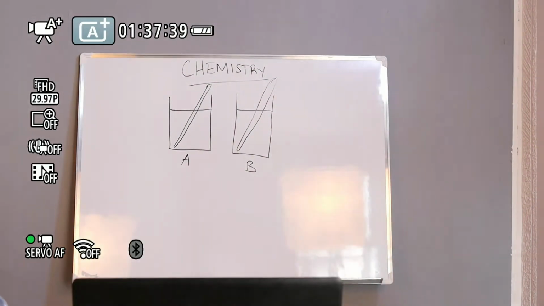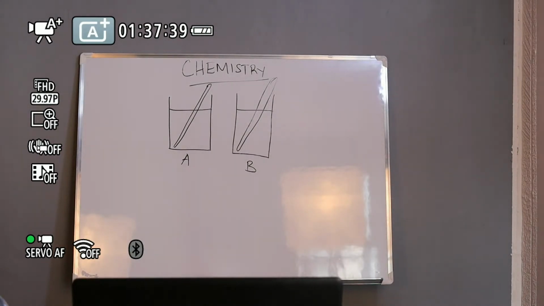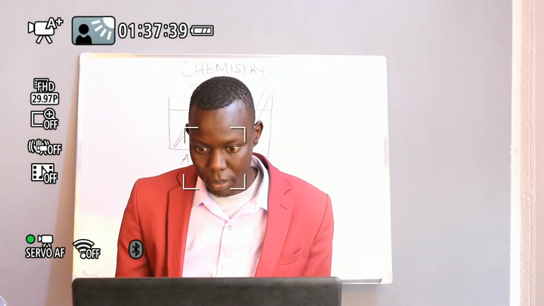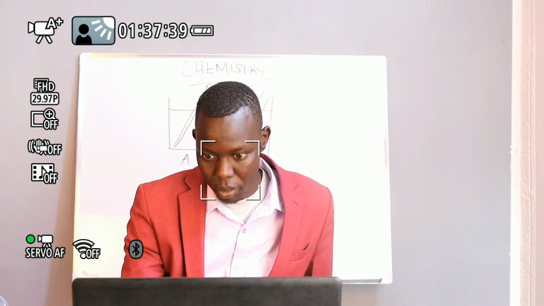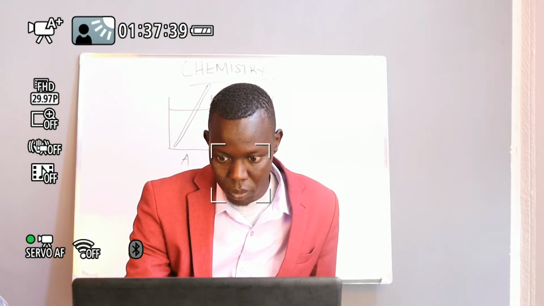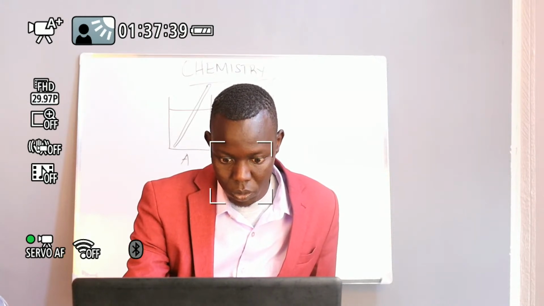For chemical changes, there's change in mass, while for physical, there's no change in mass. For chemical, a new substance is produced, while for physical, no new substance is produced.